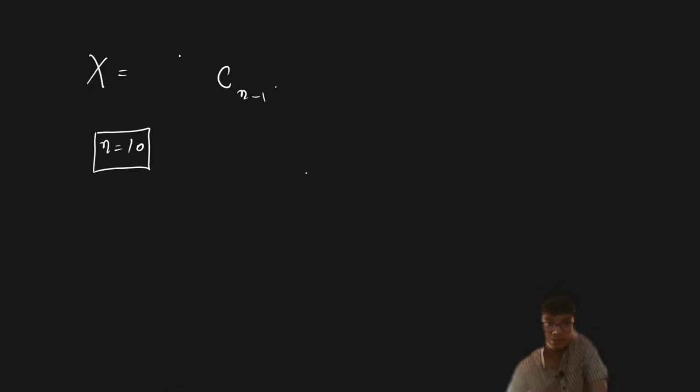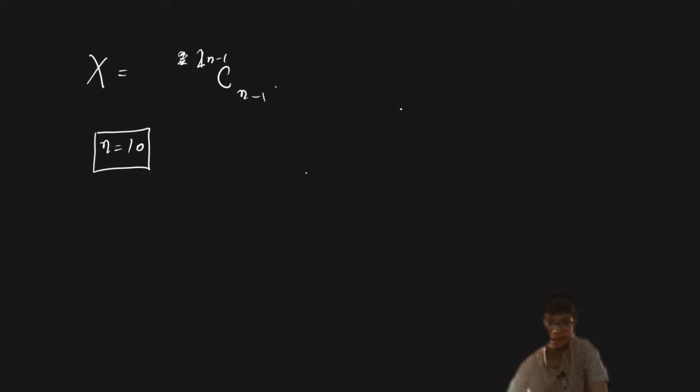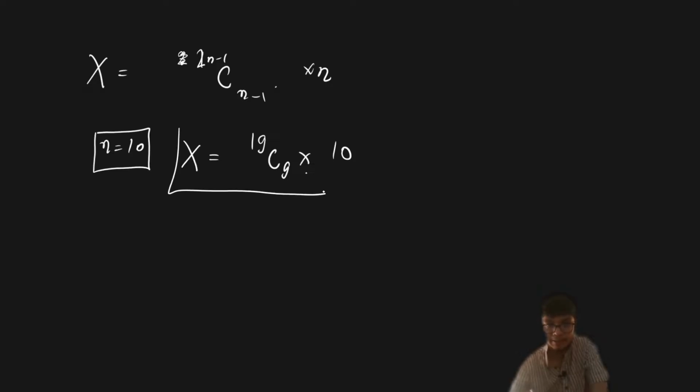It is simply going to be 2^(n-1) multiplied with n, so don't forget about that, and that will basically become 19C9 multiplied with 10, and that is basically capital X. So the summation that was given is as follows.